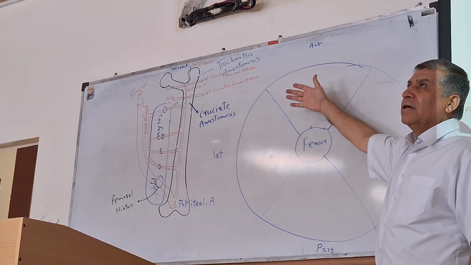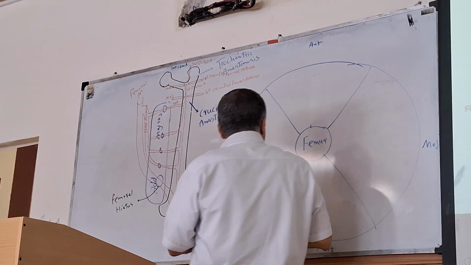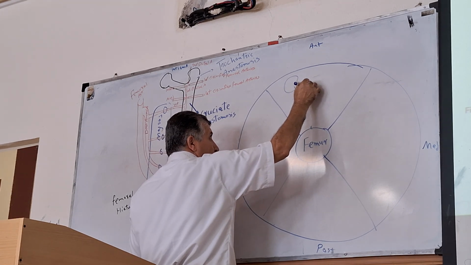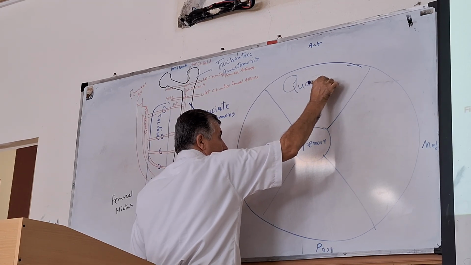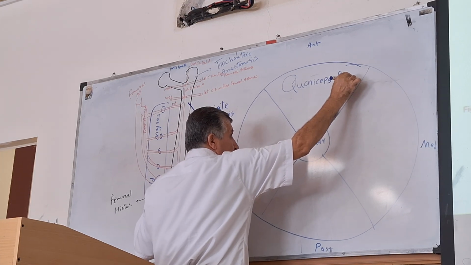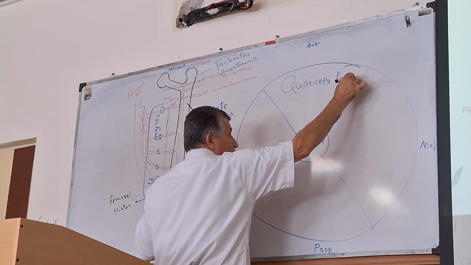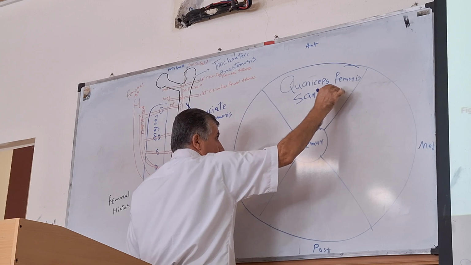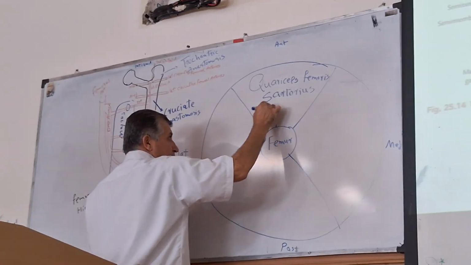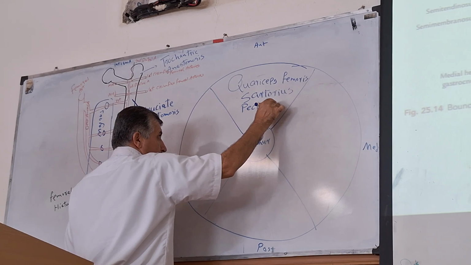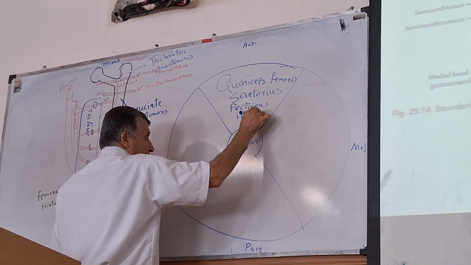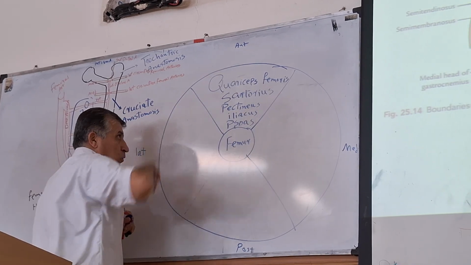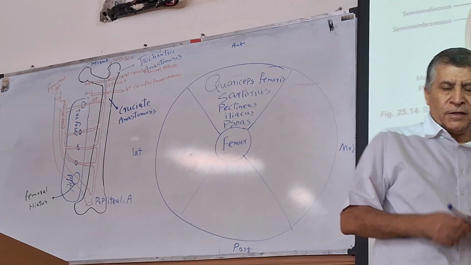In the anterior compartment of the thigh you can see quadriceps femoris, sartorius, pectineus, iliacus, and psoas.